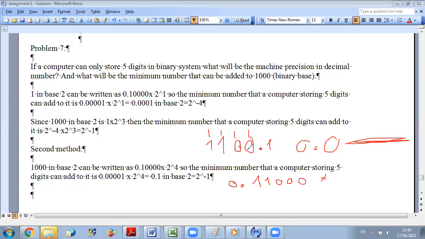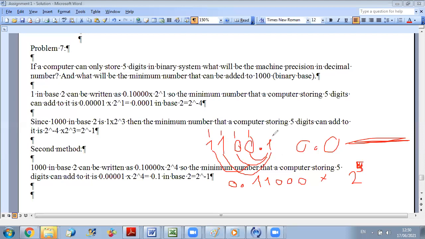Once you take the whole number back, it needs 2 to the power 1, times 2 to the power 2, times 2 to the power 3, times 2 to the power 4, right? So already I have times 2 to the power 4. Sorry, 2 to the power 4, because I already have 4 digits.